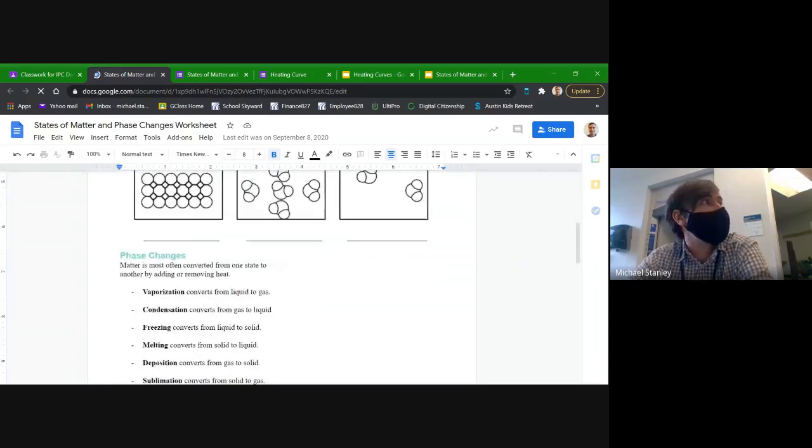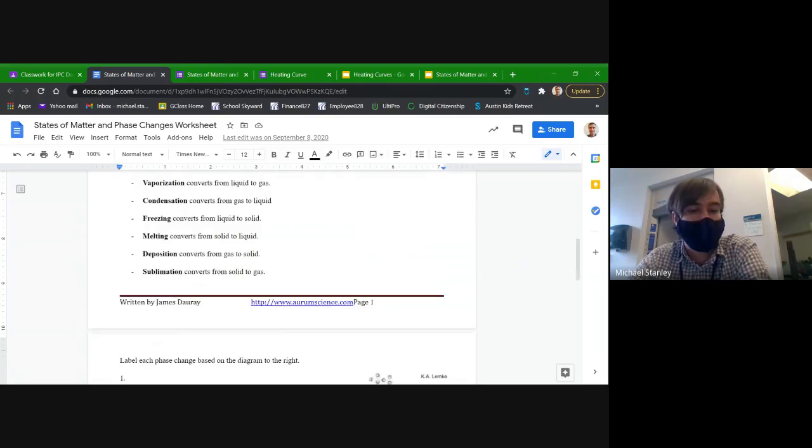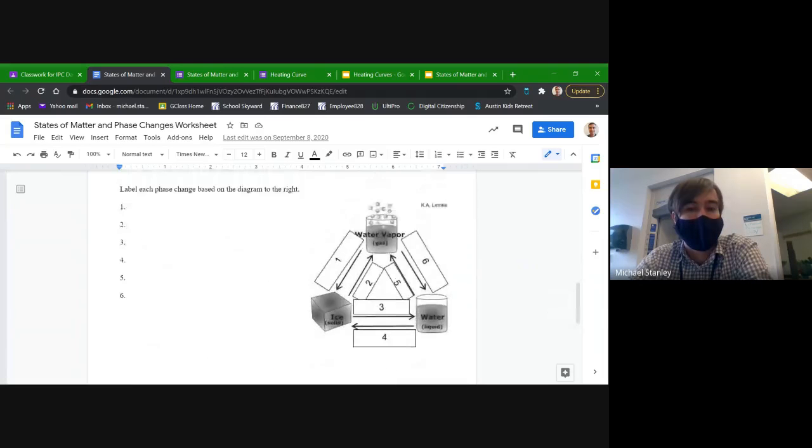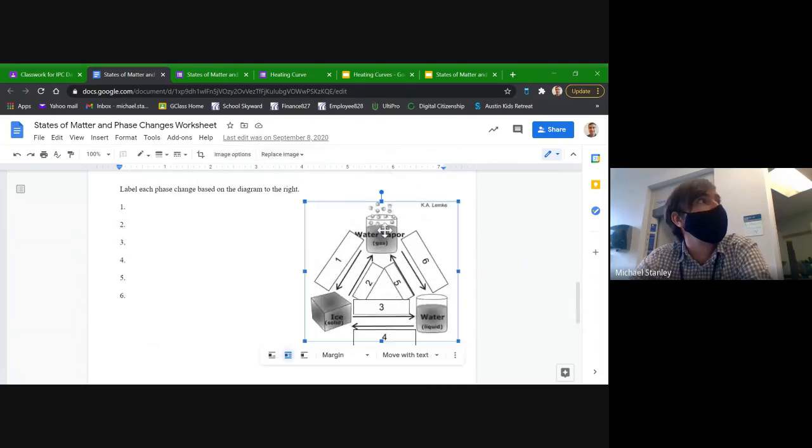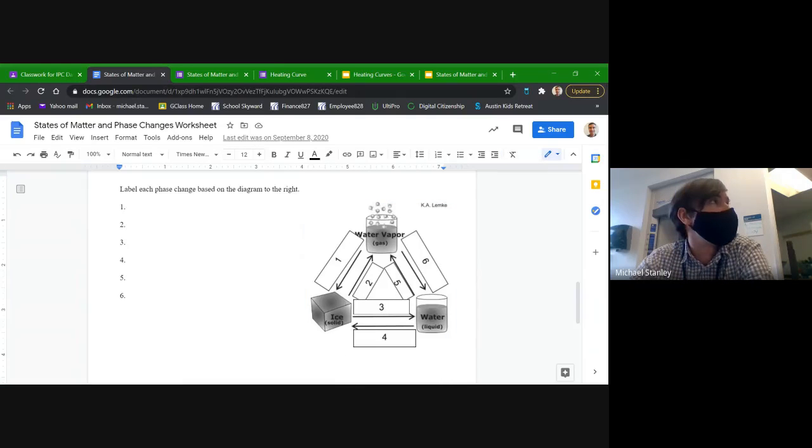So this one is basically the same thing. You write in the gas, liquid, or solid label for these diagrams and the little blanks down here. And then it has the same diagram with the labeled arrows, and you just put in the names of each arrow on the numbers over here.